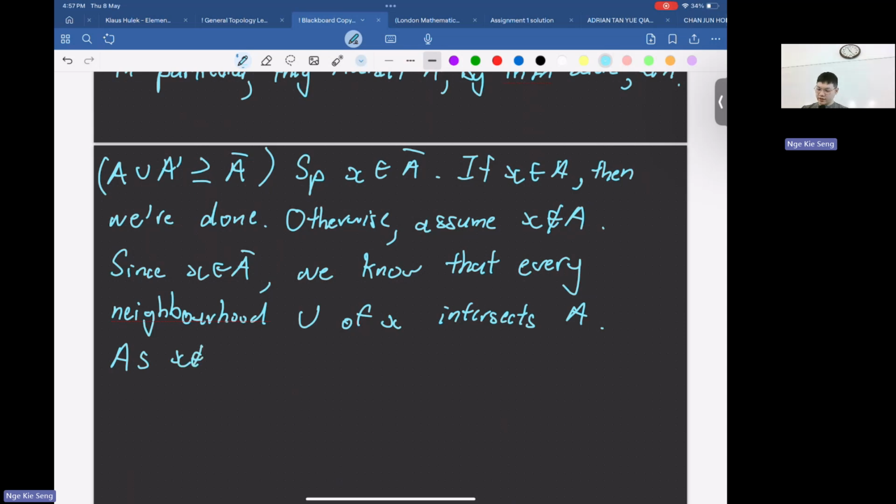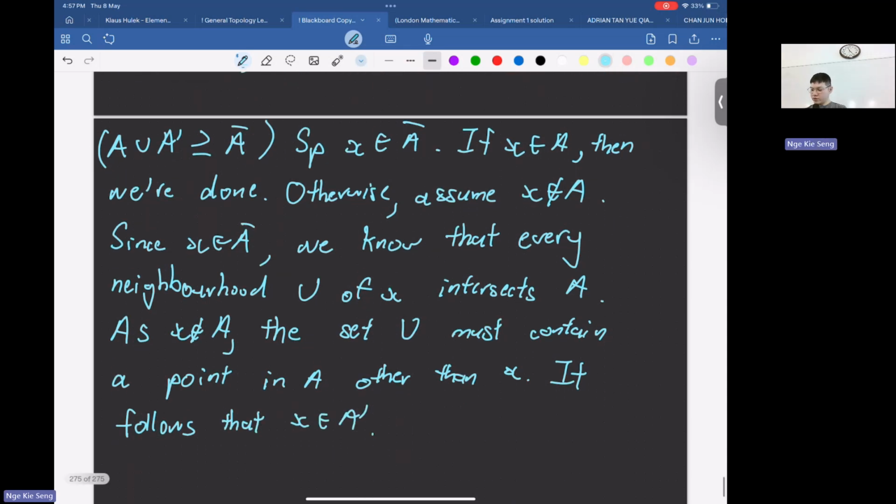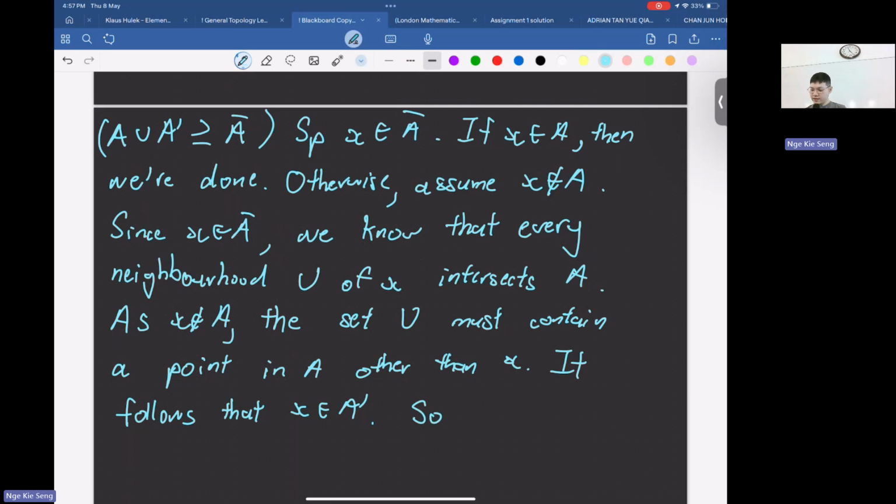As x is not in A, what else should be in A? Then the set U must contain another point in A other than x. But this is precisely how we define A prime, the set of limit points. So x will live inside the set of limit points.